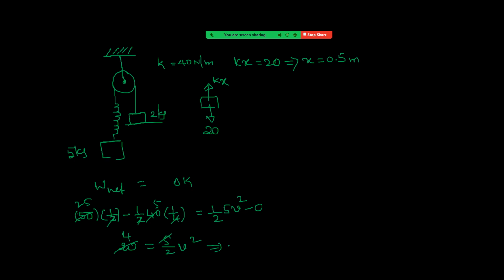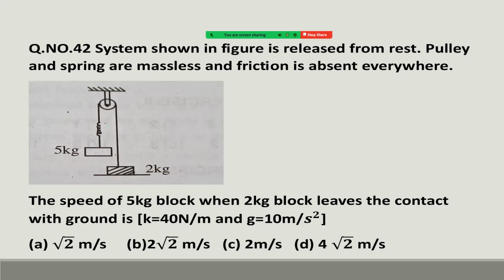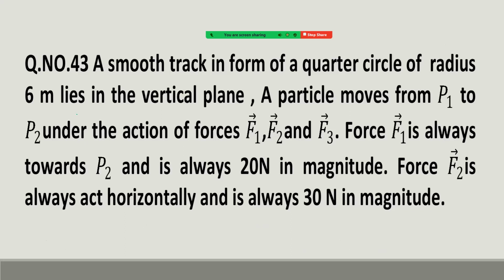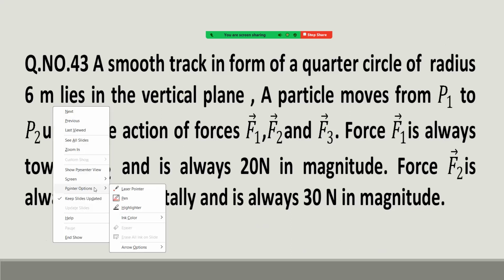That means v value is 2 root 2 meter per second. Okay. So writing force equation for 2 kg block and next taking work energy theorem for 5 kg block. Okay. So answer is option B. See next one.